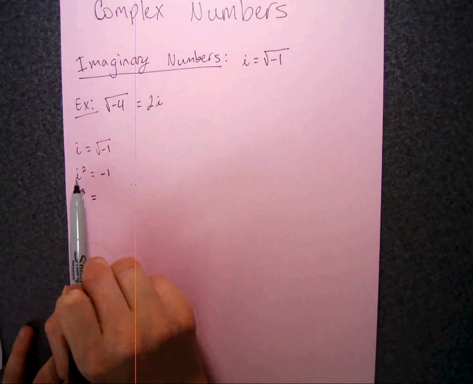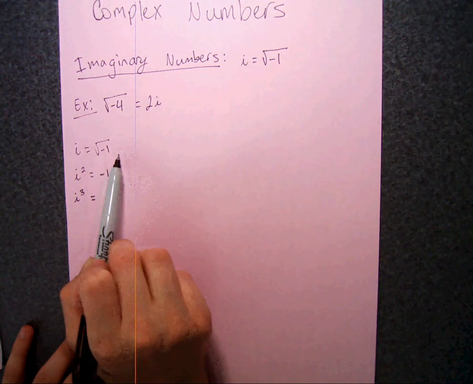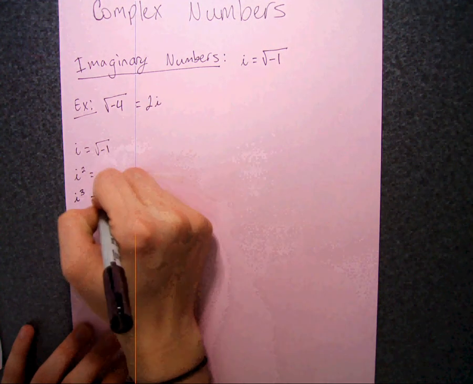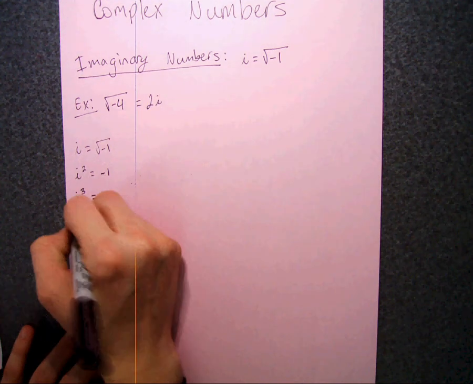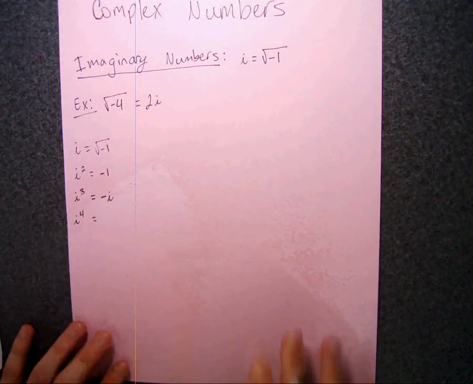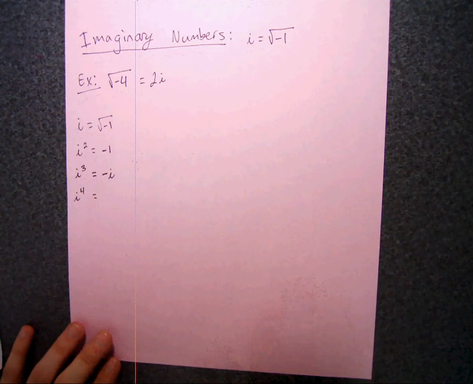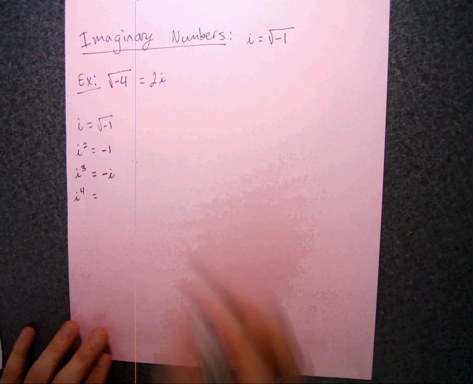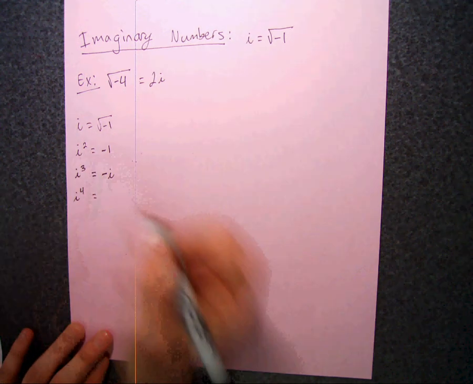So it's -1 times the square root of -1, which gives me -i. And then i to the 4th power would give me what? It's 1. i to the 4th power is just 1, because I'm squaring i squared, so i to the 4th just gives me 1.